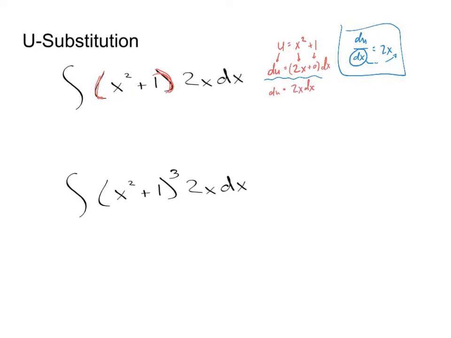All right, and now the purpose of all that, watch what happens. Inside of that parentheses is my u. So I'm going to substitute that parentheses, which leaves behind a u from my substitution. And after the parentheses, the 2x dx, well, that is everything that is equal to du.